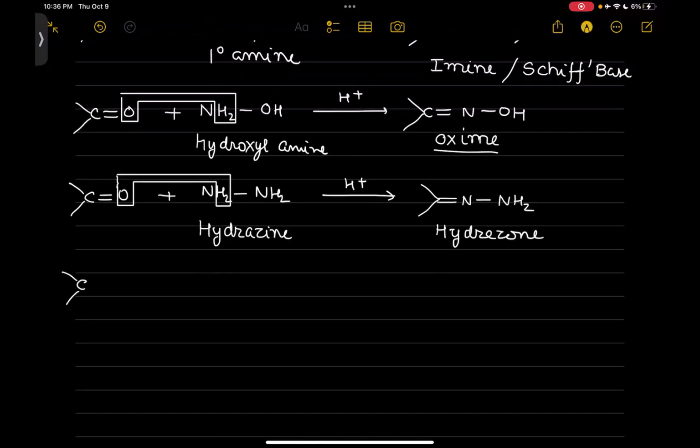Jesslyn, Marwa, can you tell me the name of the next reactant which I am writing? Very similar to the above reactant, just a slight change I have added to it.